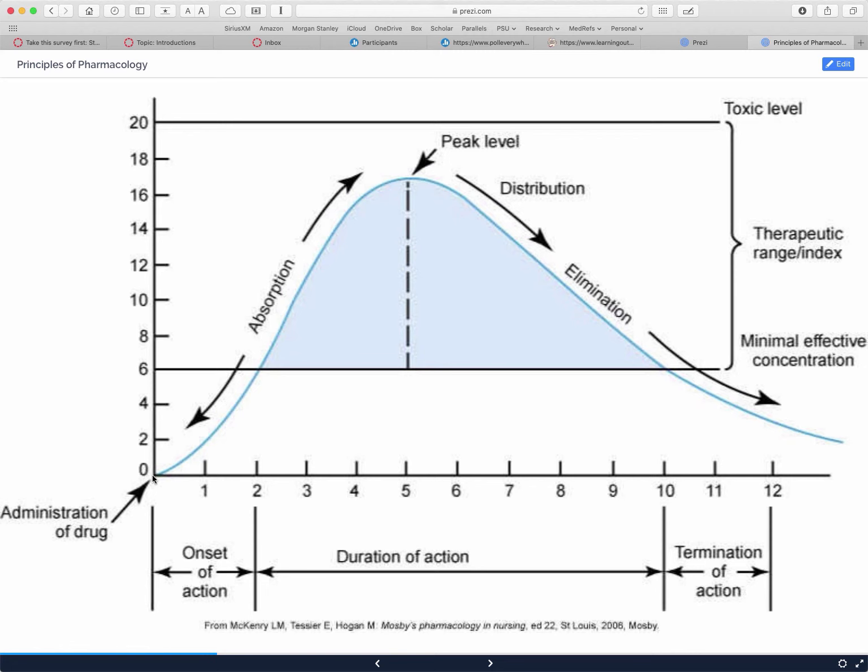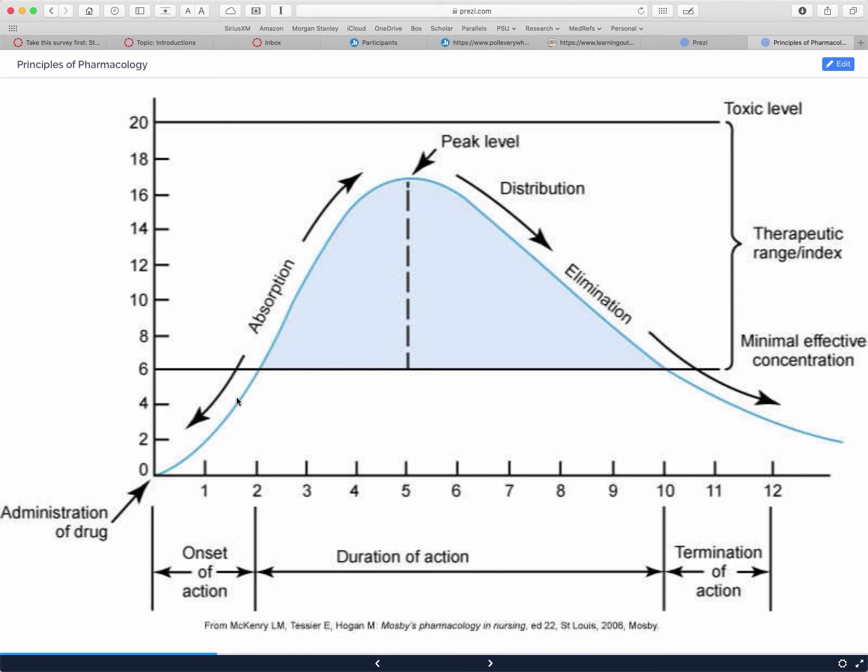The initial dose hasn't been given before, so the blood level of the drug is 0 at the beginning. Then the drug gets administered, and it gets absorbed, and during this absorption, the blood level gets up to a certain, what we call minimal effective concentration. All right, once it reaches that minimal effective concentration, that's where the action of the drug begins to take effect.